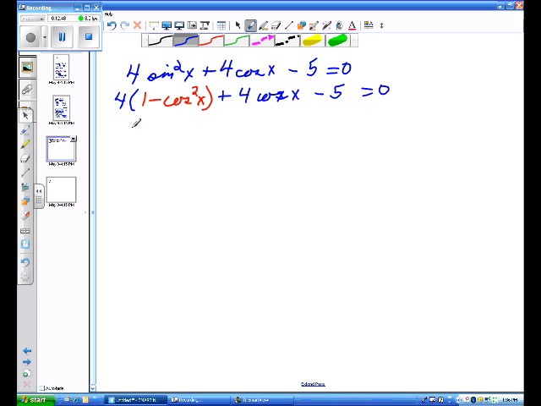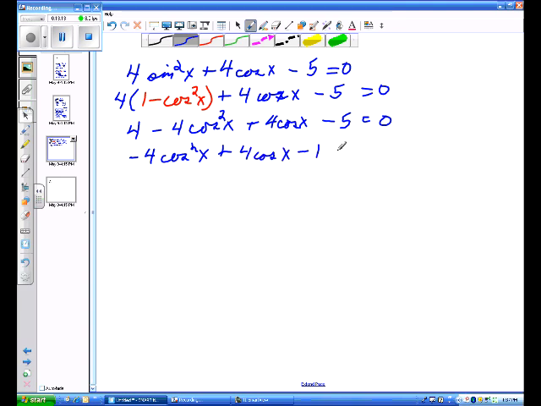Now if I distribute, I have 4 minus 4 cosine squared x plus 4 cosine x minus 5 equals 0. And combining, I'm going to put these in descending order, so that would be -4 cosine squared x plus 4 cosine x minus 1 equals 0.